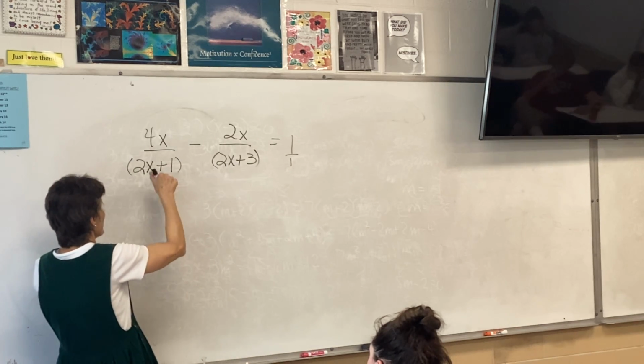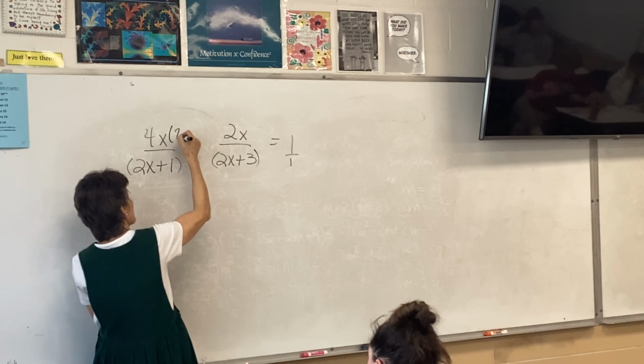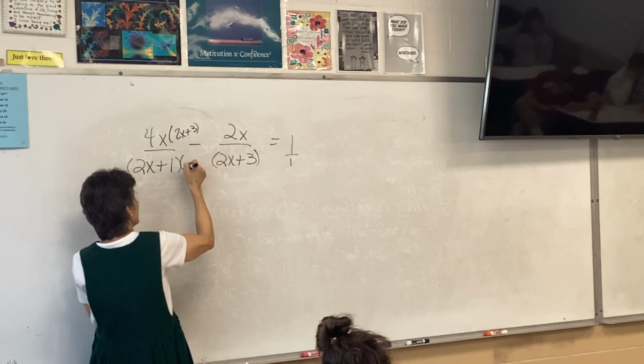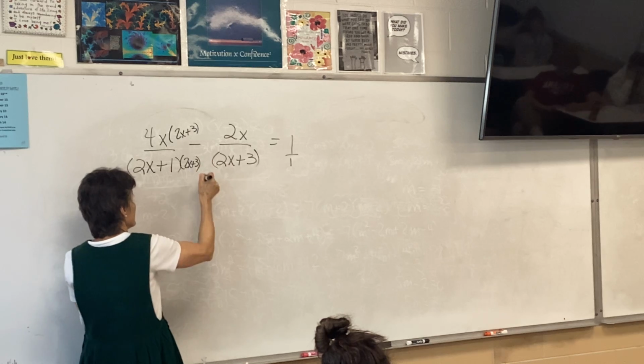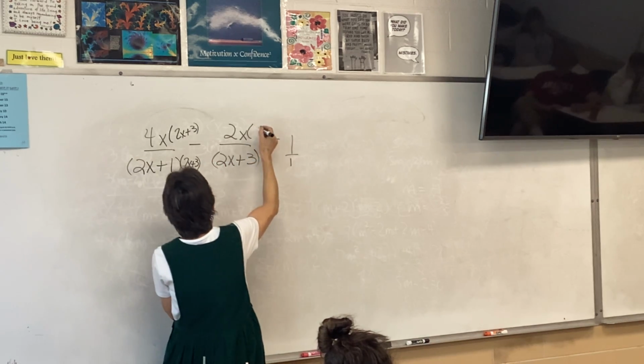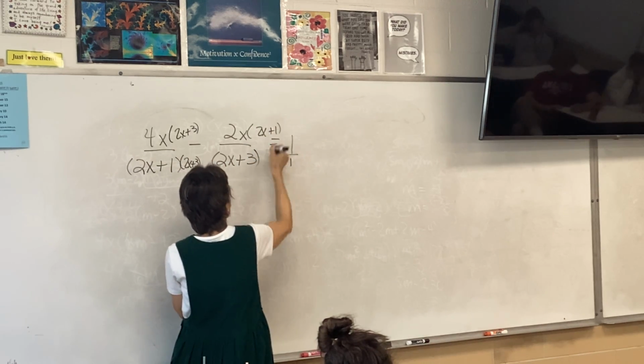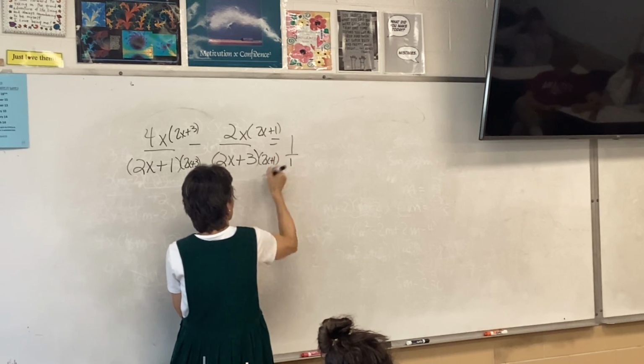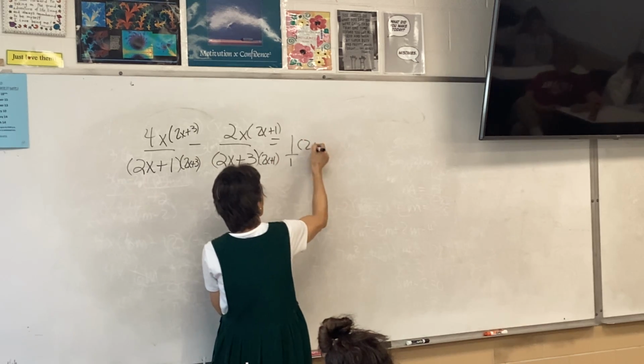So here we go. This one's going to get multiplied by 2x plus 3. This one's going to get multiplied by 2x plus 1. And this guy gets them both.